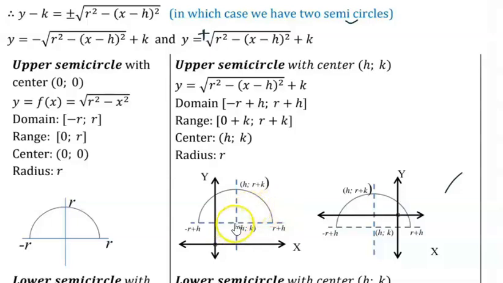And my range will then be from this value here, which is my k value, to k plus r. So the smallest one is k and the largest one is r plus k, because the broken line there from the center to the circumference of the circle is then the value r plus k.